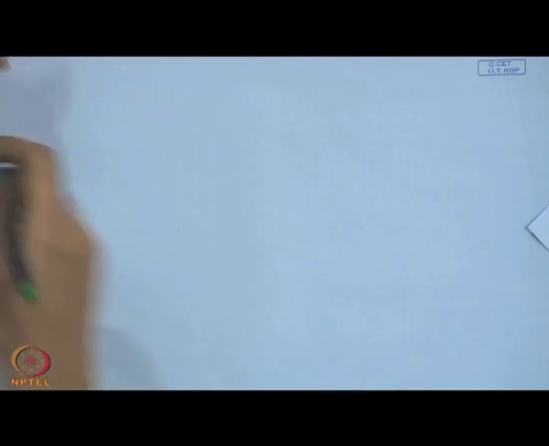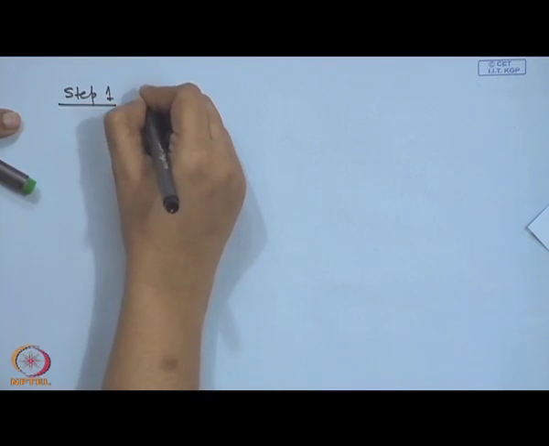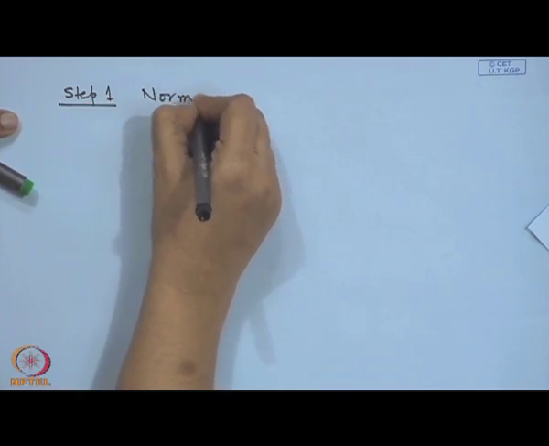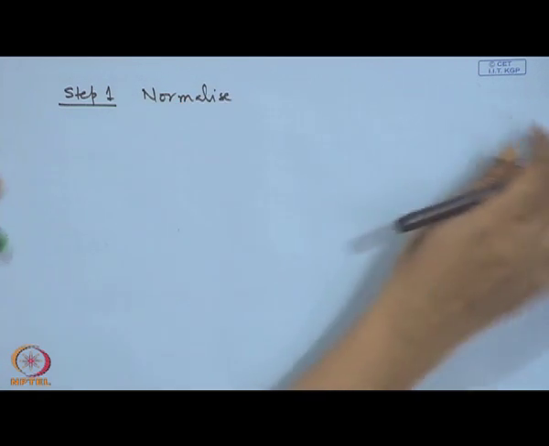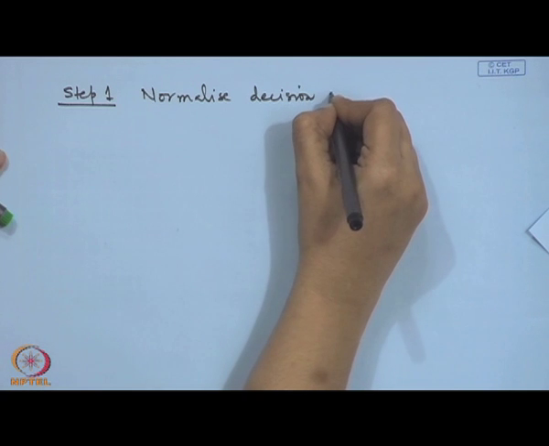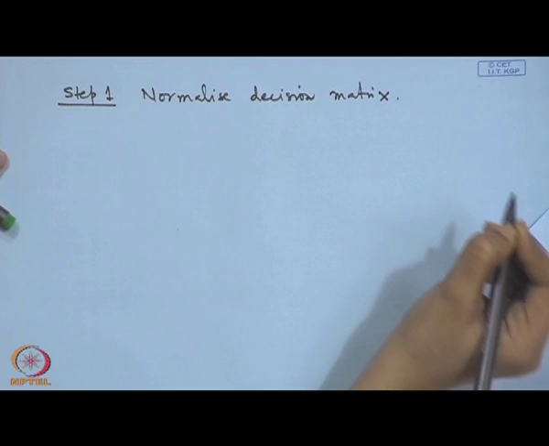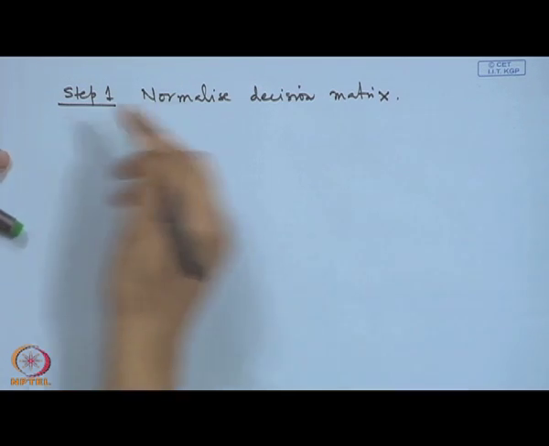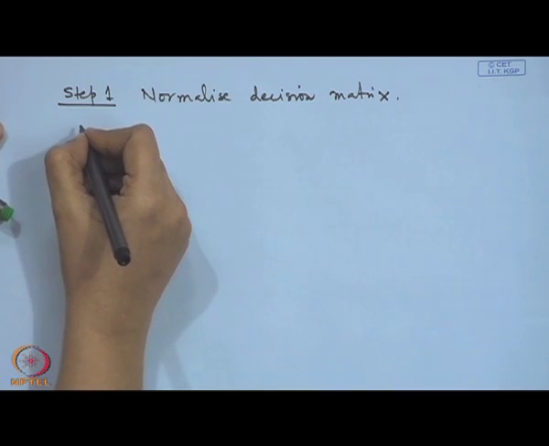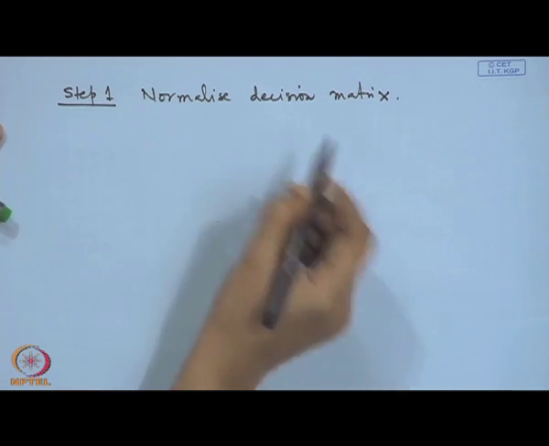Let me explain the steps for TOPSIS. Step 1 is the normalization of the decision matrix.